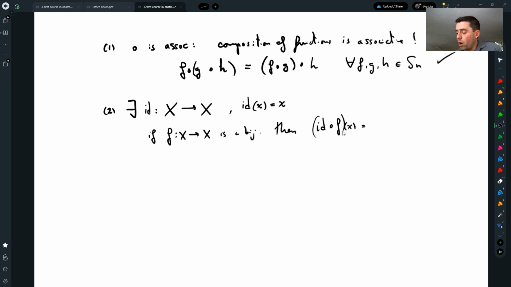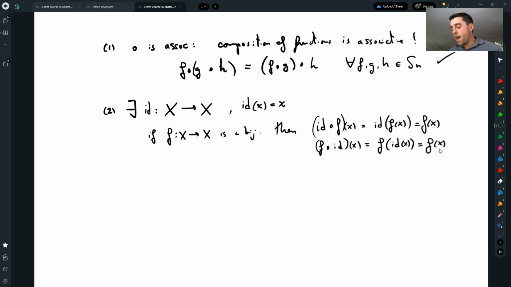So if I compose the functions and see what function that is, this will be identity evaluated at f of x, which is f of x. And similarly, f composed with identity of any x will be f of the identity of x, which is just x. So in both cases, I get back f. So it works as a neutral element under composition. So that also works. What about the third axiom?